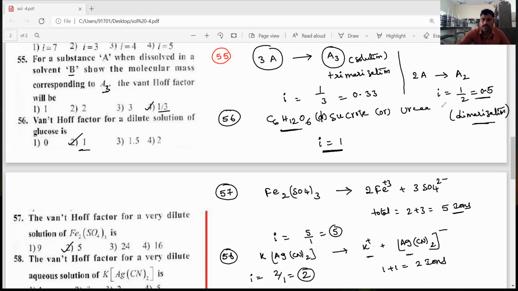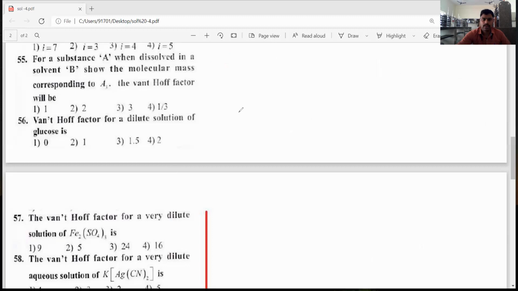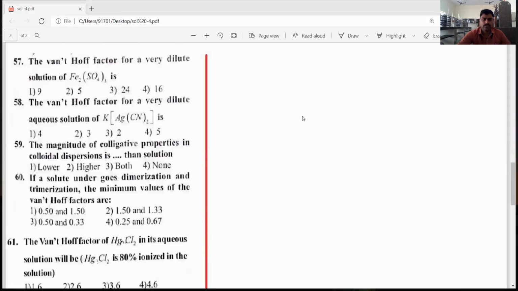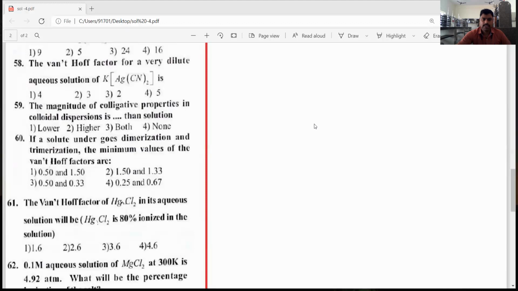Okay, let's go for the 59th question, dear students. So the 58th question answer is the third option, i is equal to 2. And the 59th question, let's see.